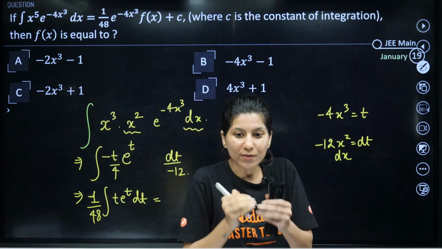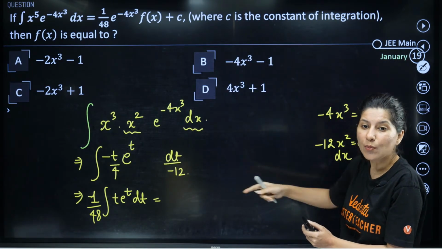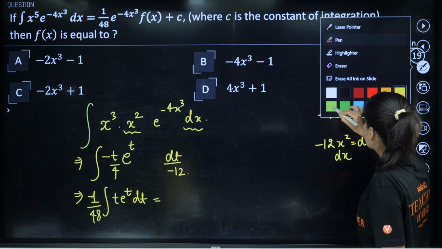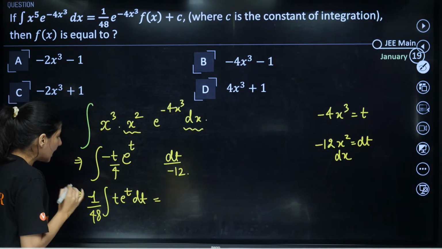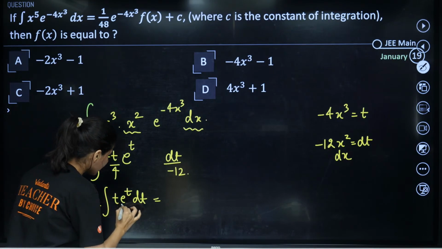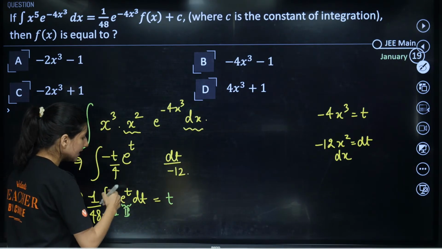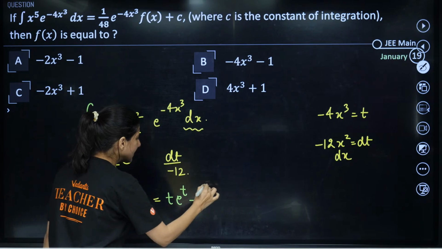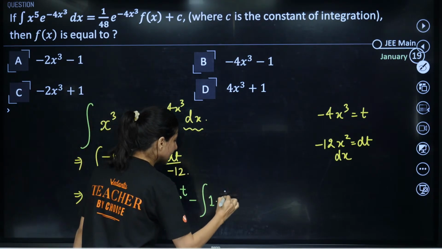Understood? So by substitution we have reduced the overall problem, but now we have to apply by parts. The second function will be e raised to power t, and the first function will be the algebraic function. First function times integration of second function minus integral of derivative of first and integration of second.